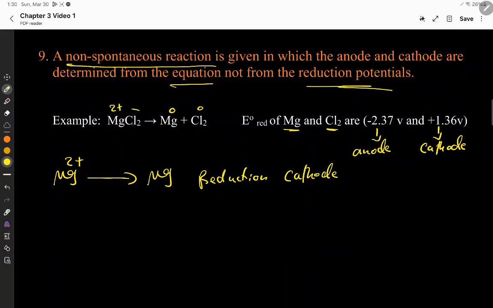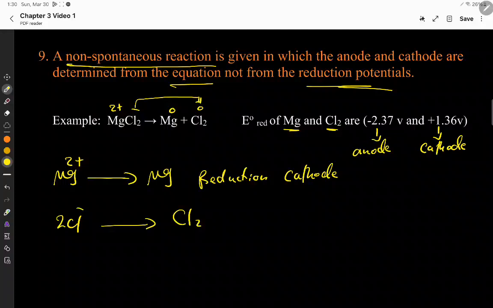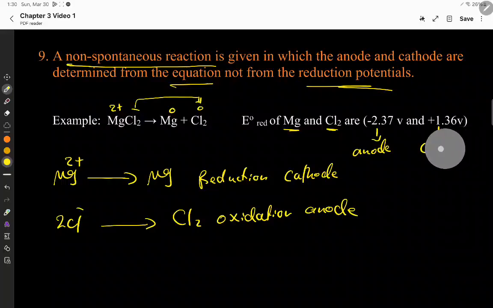If we look at chlorine, chlorine is negative and became 0. Chloride will be oxidized into chlorine. So this is oxidation, so this is the anode. Now magnesium here is the cathode, and chlorine here is the anode.